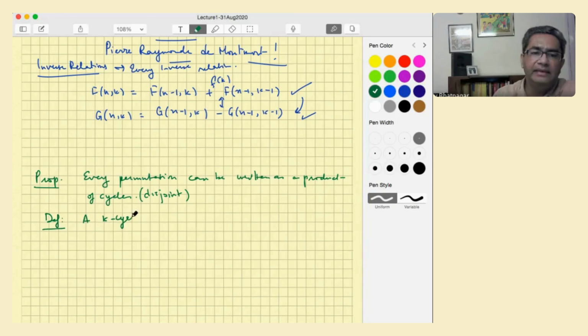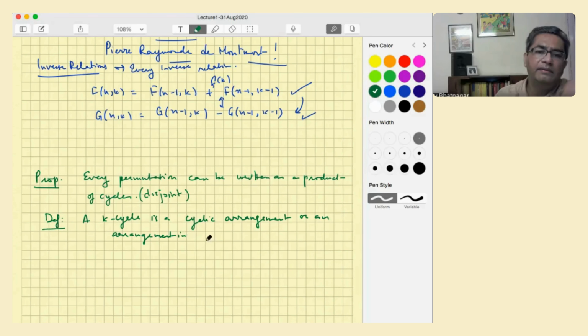A k-cycle is a cyclic arrangement, or an arrangement in a circle.